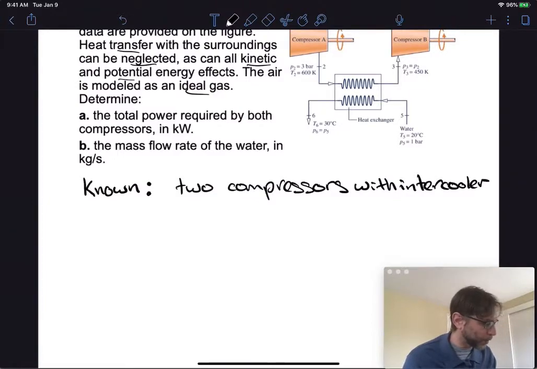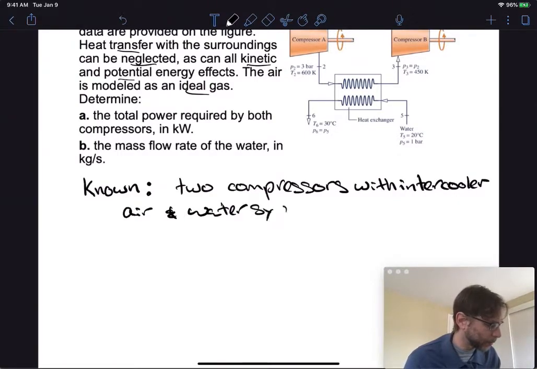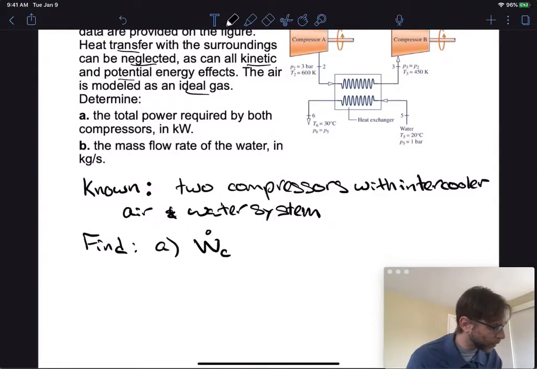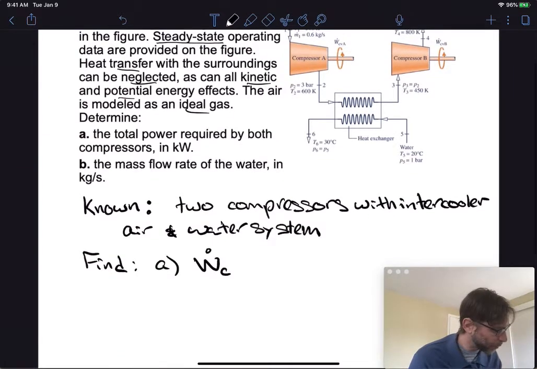Two compressors with an intercooler, air and water system. Okay, what we have to find, we need to find, what do they call it? I think they call it W dot CA and W dot CB.